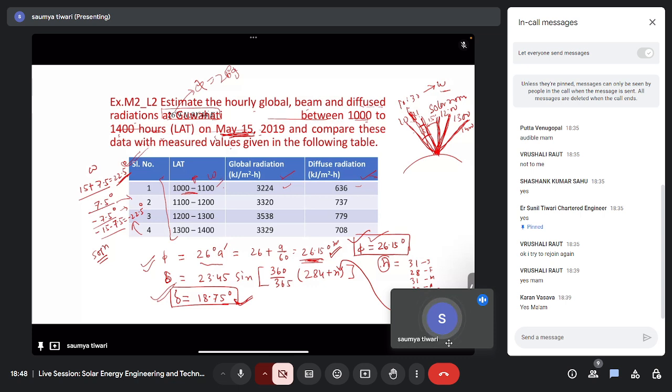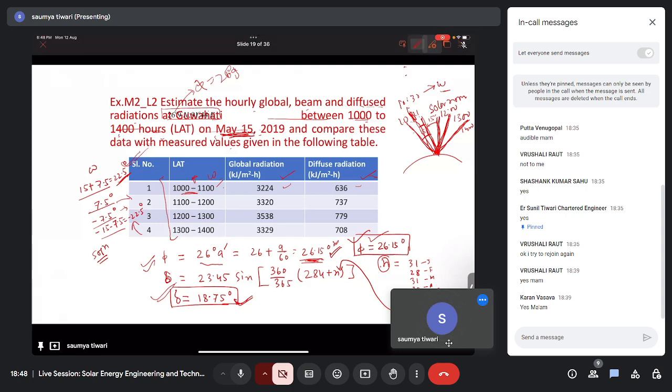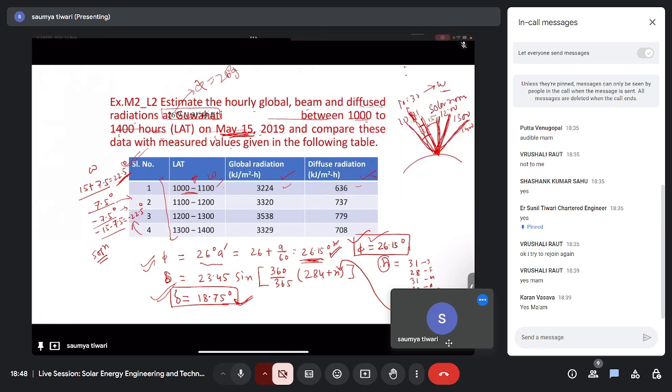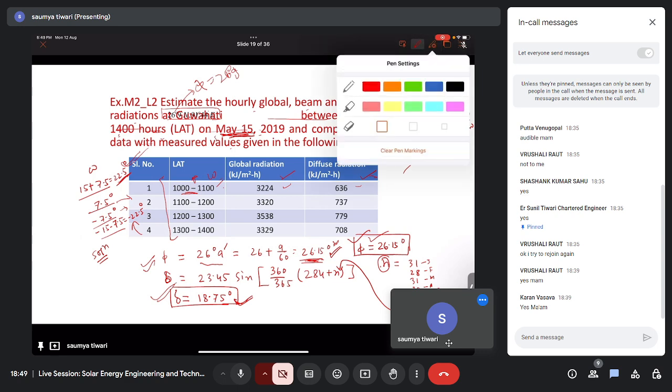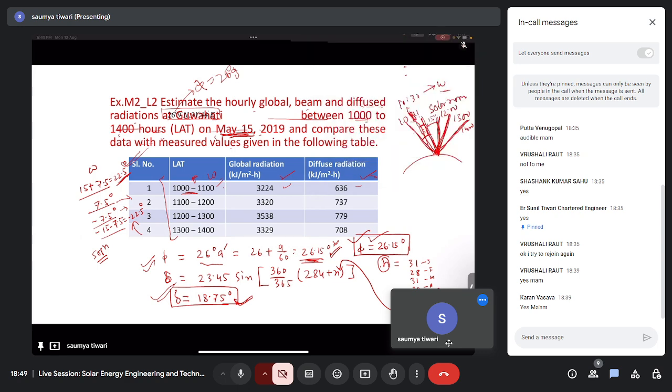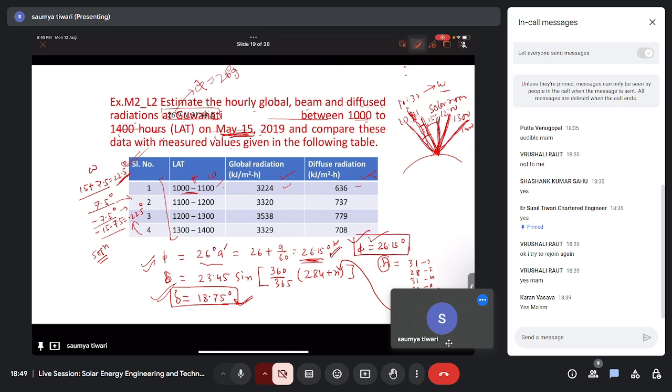So for 10 to 11, let me explain it like this. We know each hour is equivalent to 15 degrees.